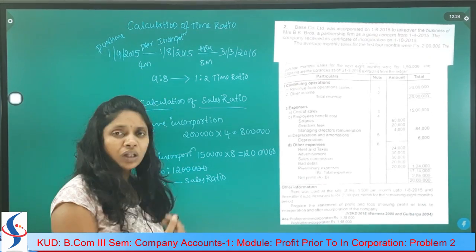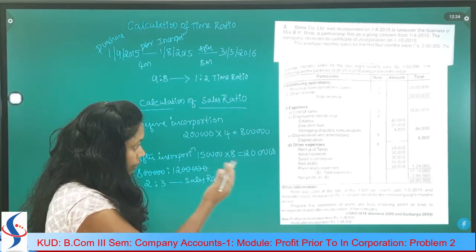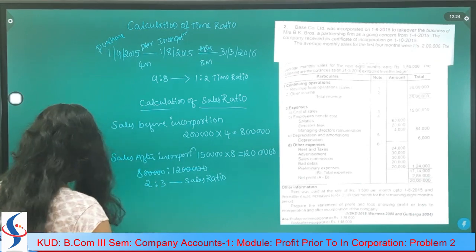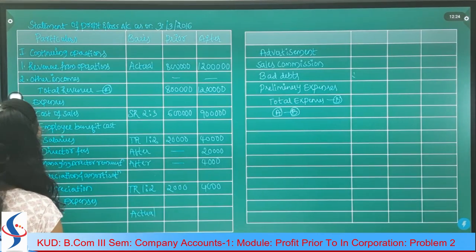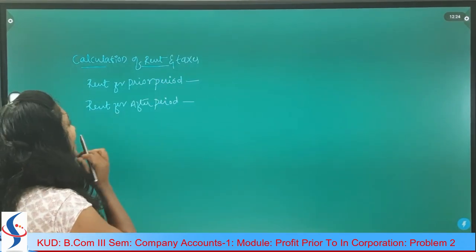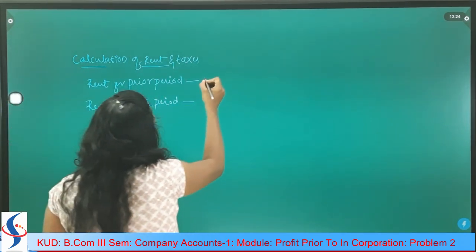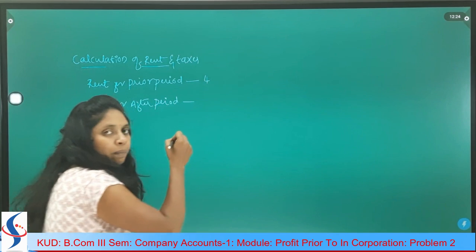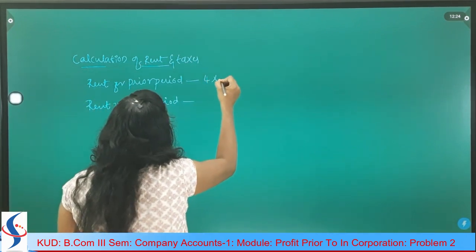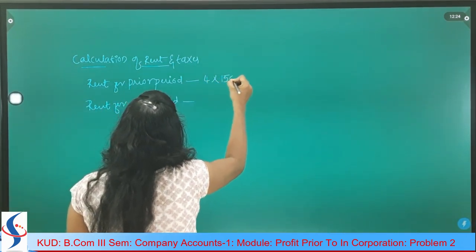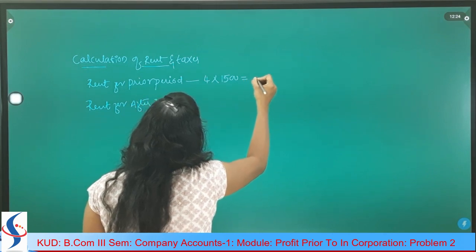It means we need to do the rent calculation, and the remaining will become taxes. We will do it as a working note. Yes, the calculation of rent and taxes, I have written it already. Rent for the prior period. How many months do we have as the prior period? 4 months. And what is the per month rent in the prior period? It is 1,500.